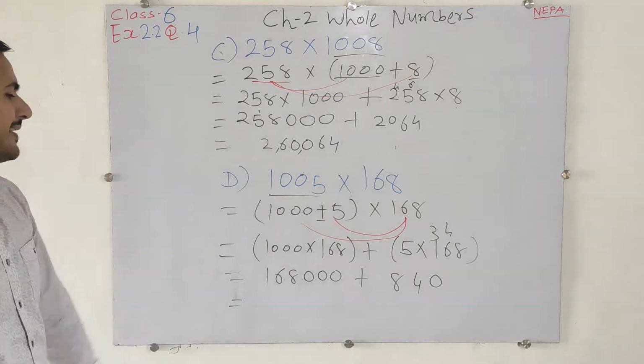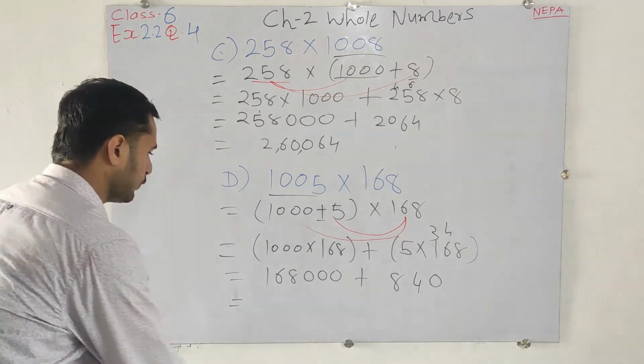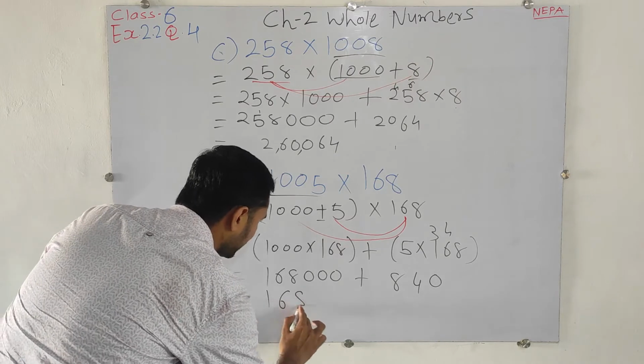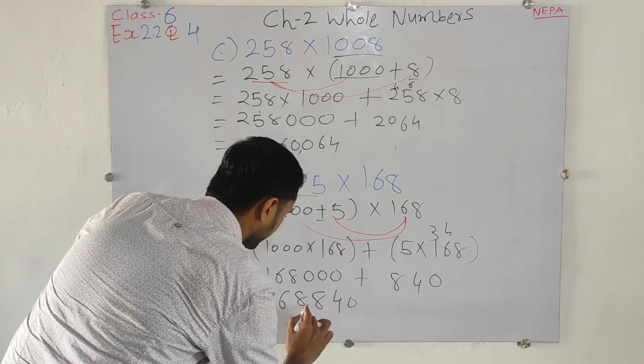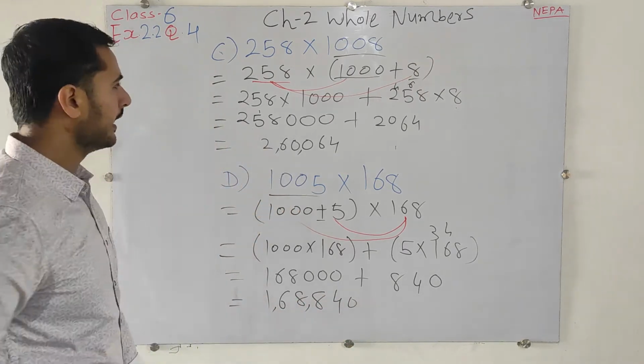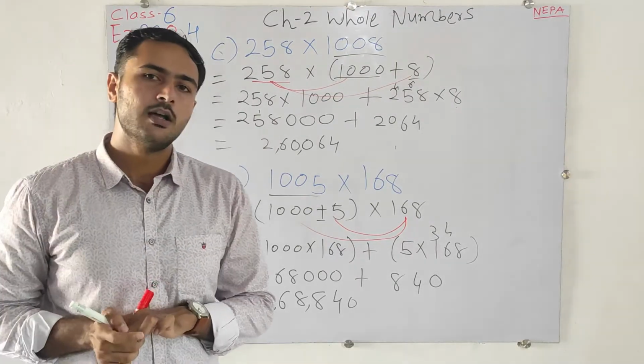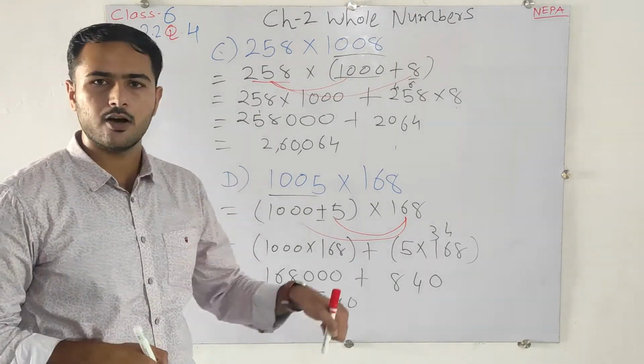Okay. Here 1,68,000 plus 840, that will be 1,68,840. That's the final answer. Here again we just completed the question. Pause the video and note it down.